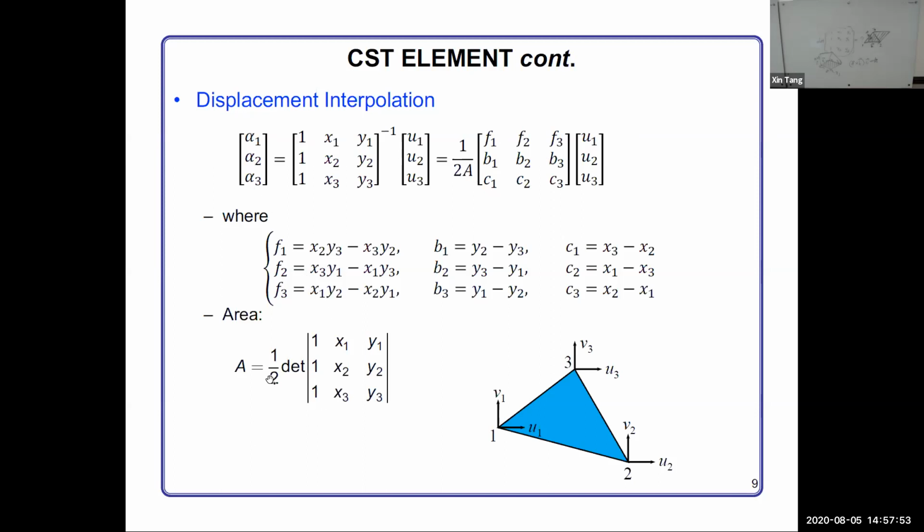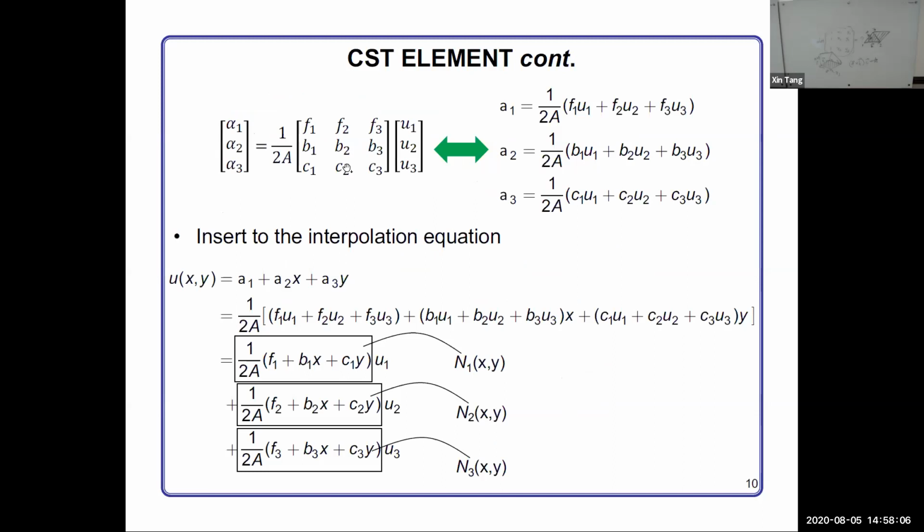Okay, and here, as I said, the determinant of this matrix equals double the area of this CST element.